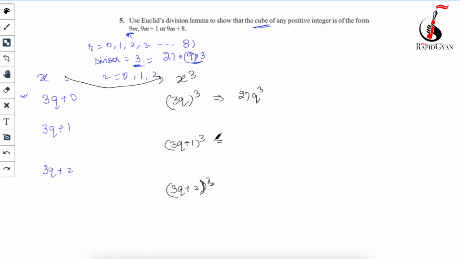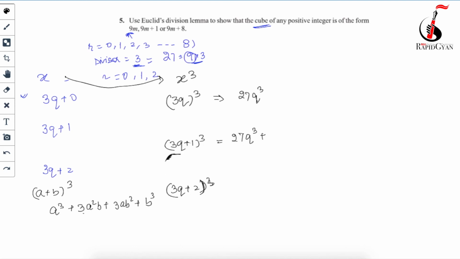Now how will I write the next one? If you remember the formula of (a plus b) whole cube, it's a cube plus 3a square b plus 3ab square plus b cube. So we are going to use this formula over here. (3q) cube will be 27q cube, plus 3a square b, means 3 times a square.